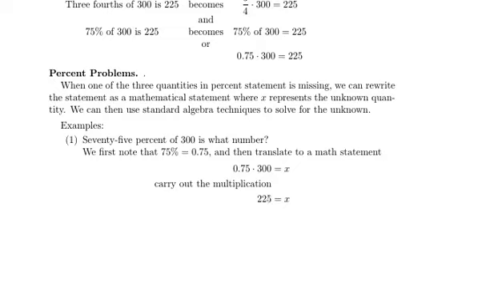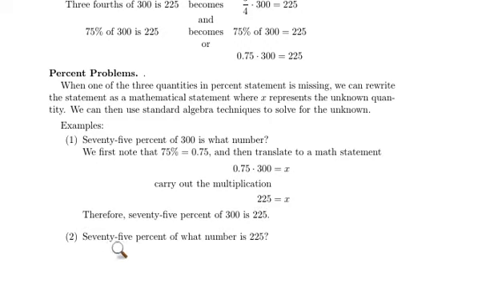Hang on just a second. There was a typo there. So that tells us 0.75 times 300 is 225. And so therefore that unknown number x is 225. And the answer to our question is that 75% of 300 is that 225 that we just found.